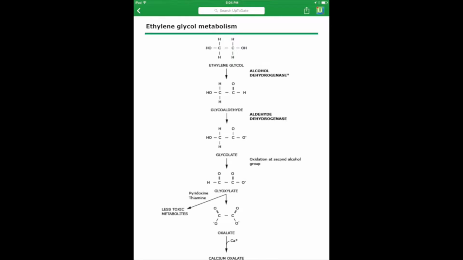The oxalate can bind calcium and form calcium oxalate crystals that can cause renal failure and can actually be seen in the urine. One of the important things to remember when you're managing a patient or even diagnosing a patient with this disease process is to look at the difference between the measured osmolality and the calculated serum osmolality.